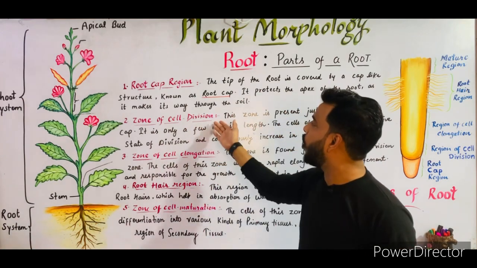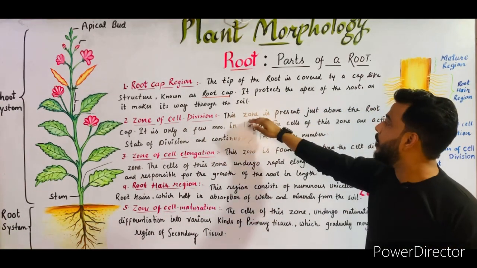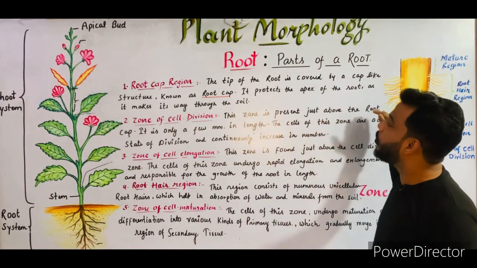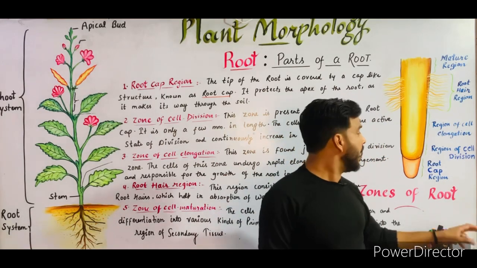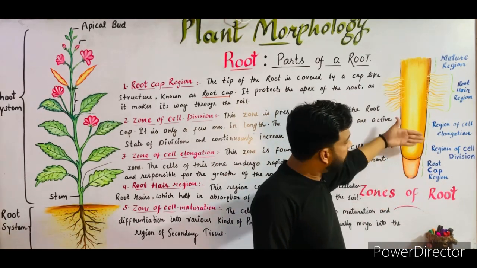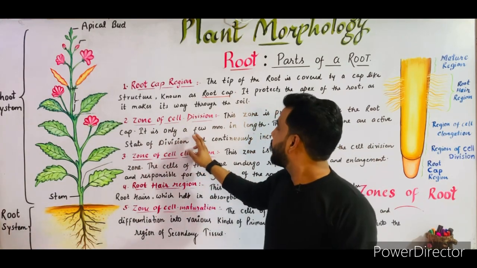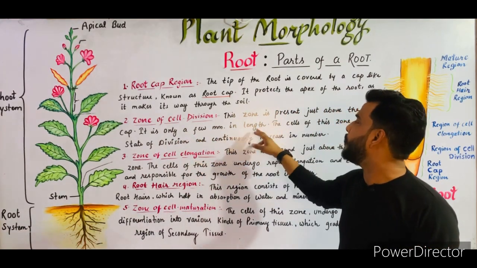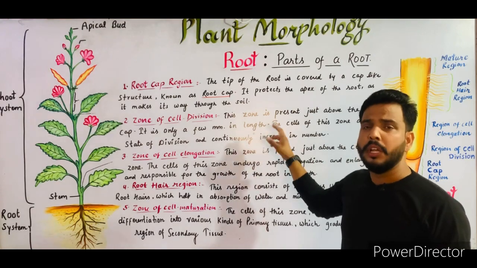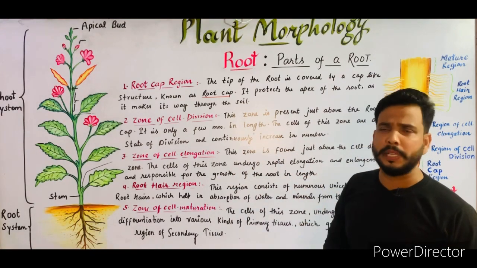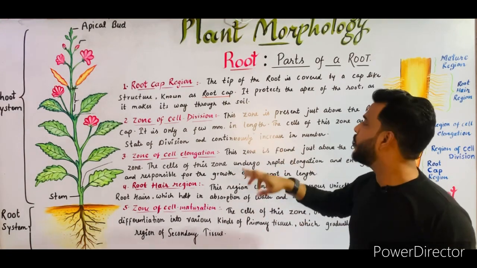Now, zone of cell division. This zone is present just above the root cap, as you can see in the diagram. It is only a few millimeters in length. As I told you before, this region covers only a few millimeters. It is not too large.